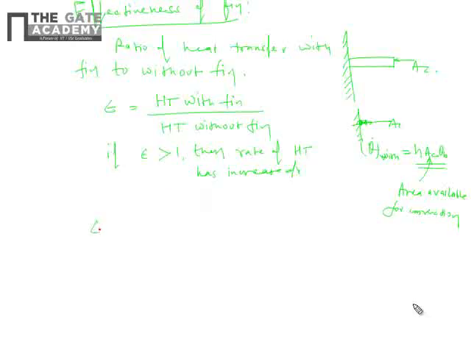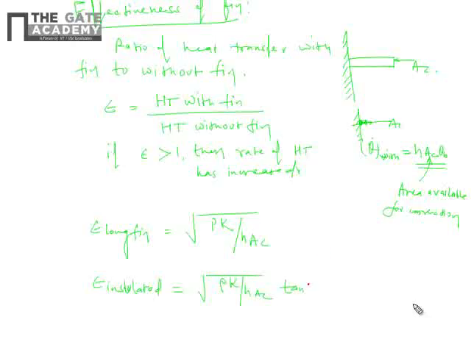So the effectiveness of a long fin is given by root of Pk upon h Ac, and the effectiveness of an insulated or adiabatic fin is given as root of Pk upon h Ac times tanh mL.